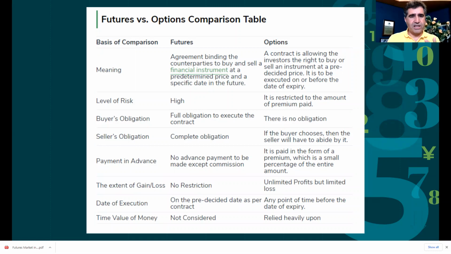The level of risk, because of risk management, is very high with futures. With options, in this situation, if you are long, it is a debit, so it is restricted to the premium paid. You can compare it to a naked call, for instance, not even a naked put.